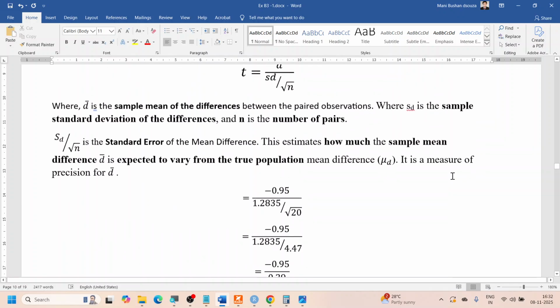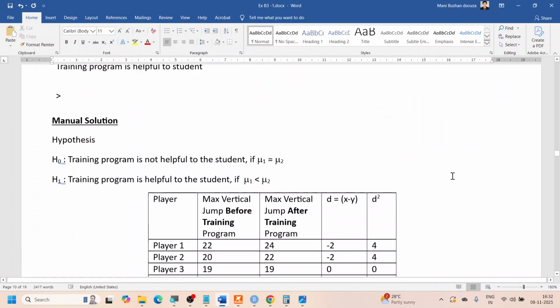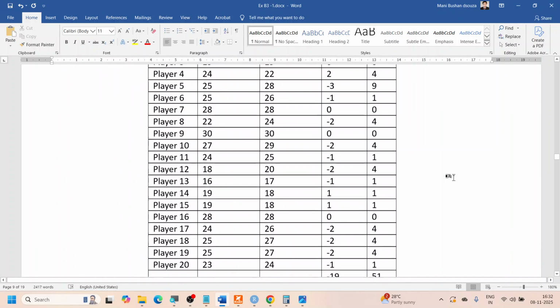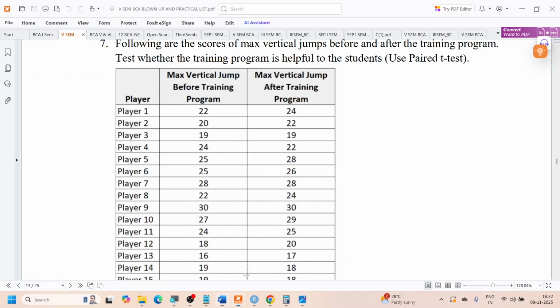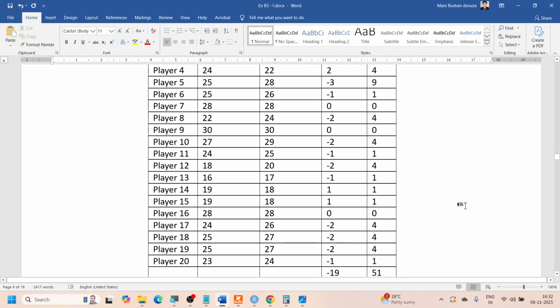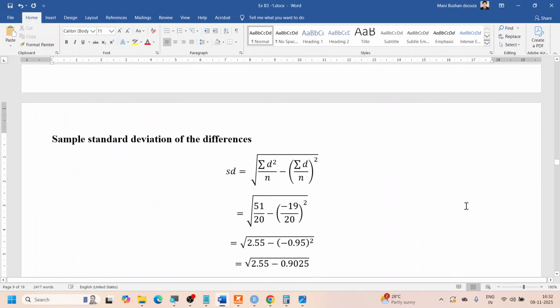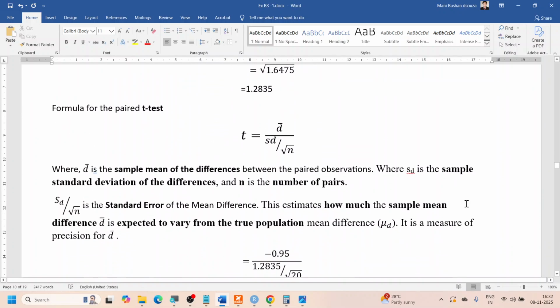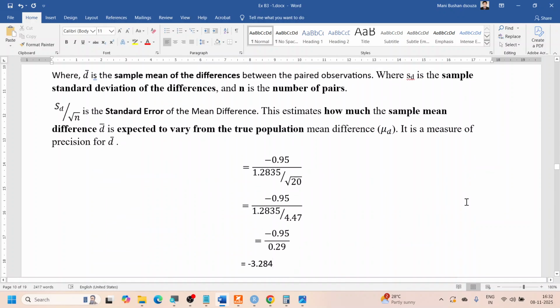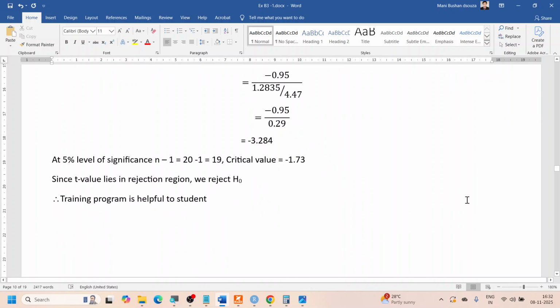Now, even though they have not given the level of significance in their question, generally, whenever the level of significance is not given, we take 95% confidence, that is, 5% significance. So we are going to test at the 5% level of significance.